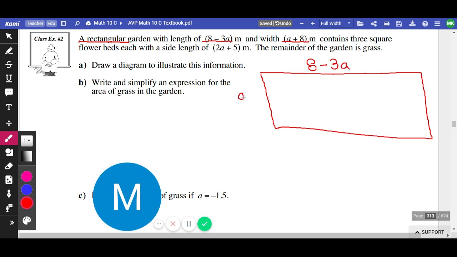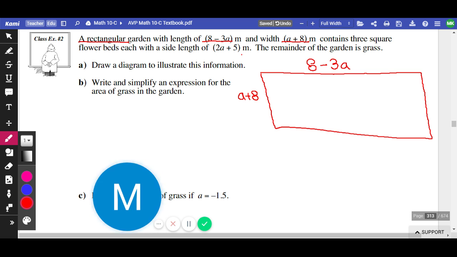Width of a plus 8. Fantastic. It then says it contains 3 square flower beds, each with a side length of 2a plus 5. The remainder of the garden is grass.